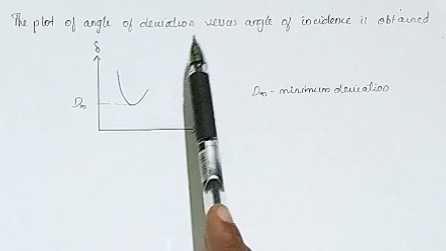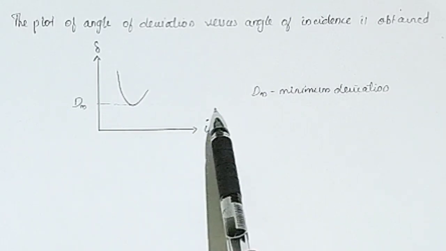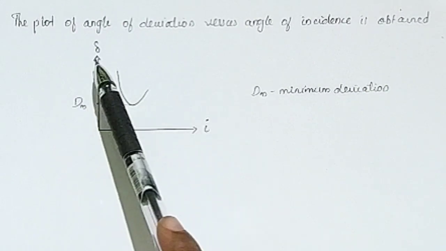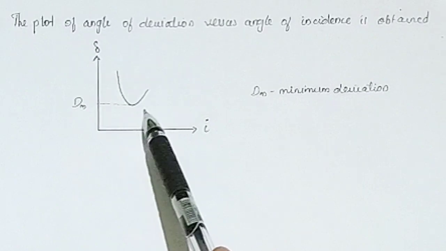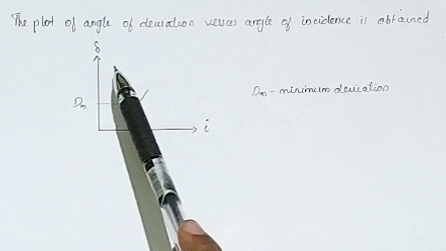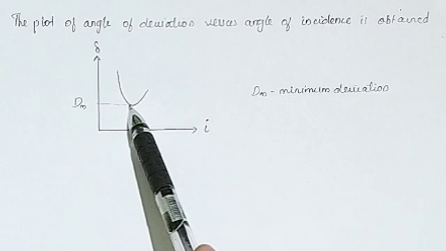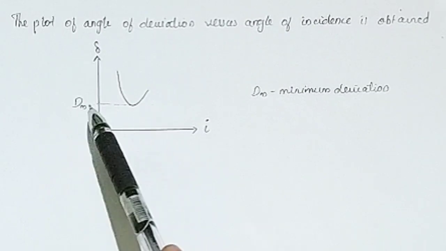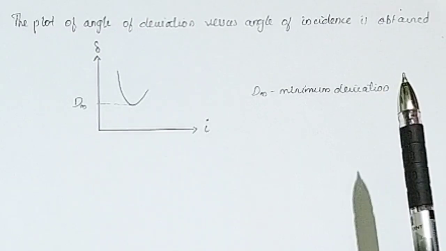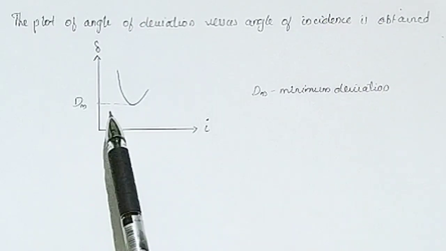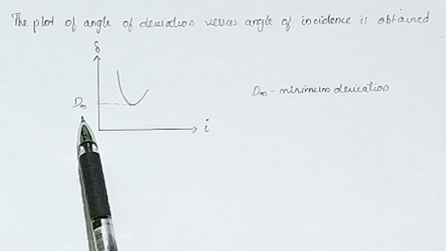So, if we have the values of angle of incidence and corresponding angle of deviations, and we plot a graph between these two, we obtain a similar curve, and there will be a minimum value for the curve, and that is obtained at the angle of minimum deviation. So, thus from a graph we can also obtain the value for angle of minimum deviation.